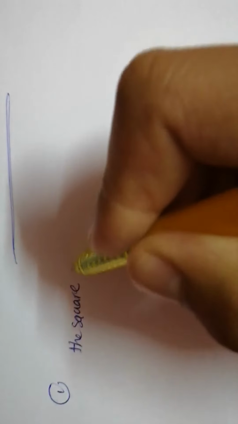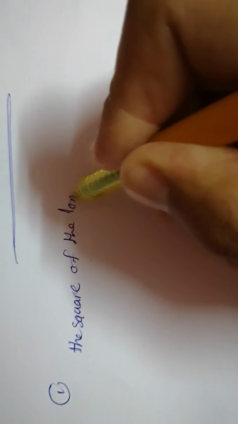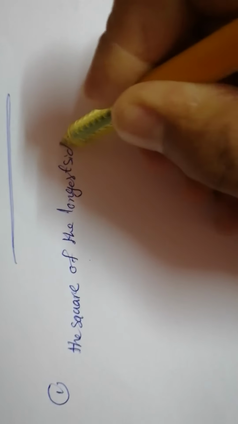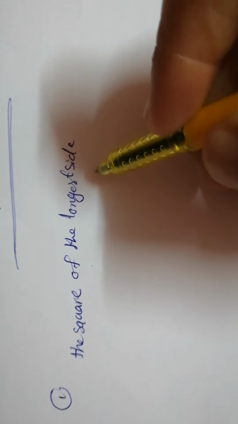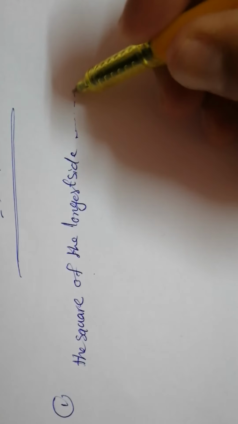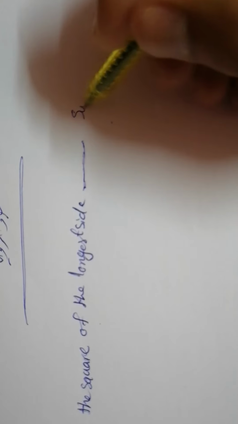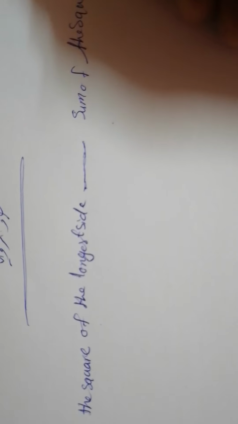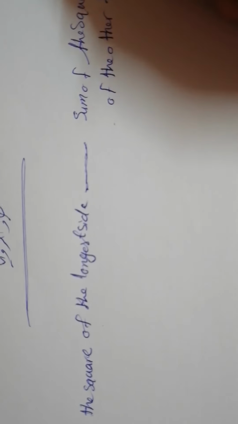You're going to say the square of the longest side, and then compare it with the sum of the squares of the other two sides.